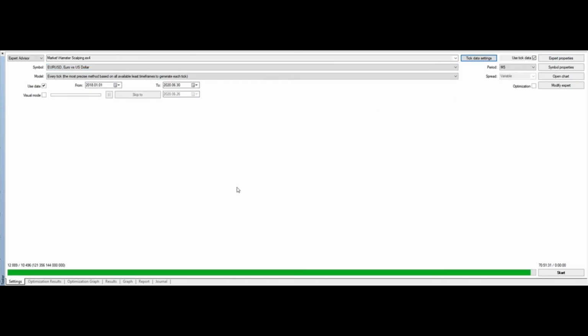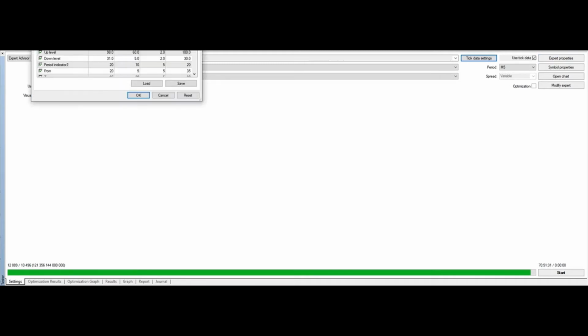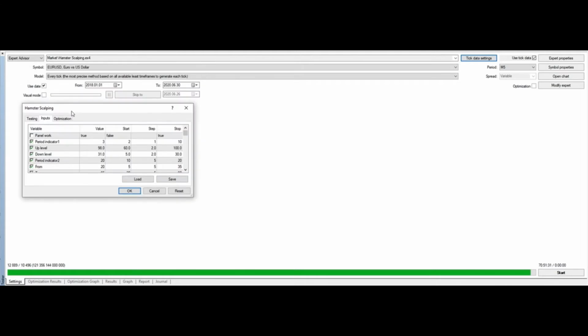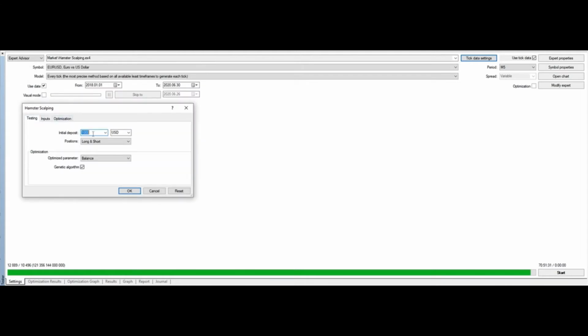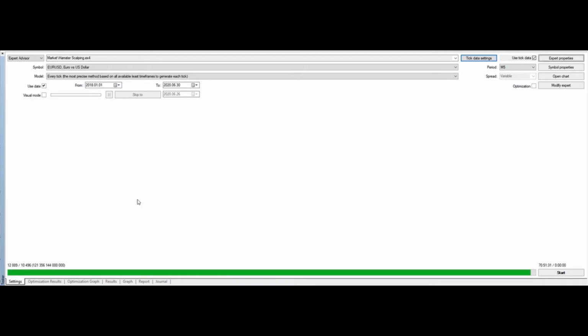Okay, so the parameters are in, and just pull this down so you can see. So we're testing it with initially $1,000 to start off with, and we're just going to follow it through. So assuming it's 2018, 1st of January, we're going to take it all the way to the present date, and let's start it.